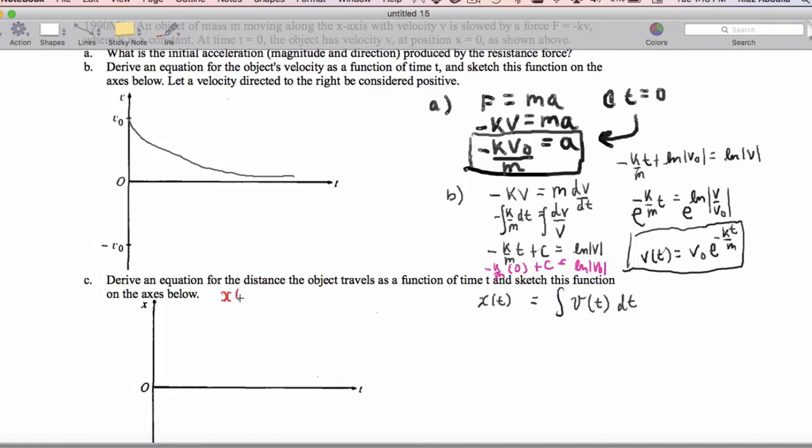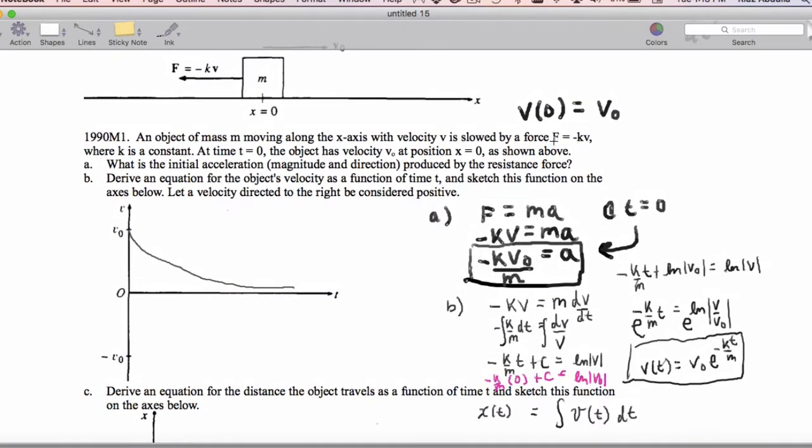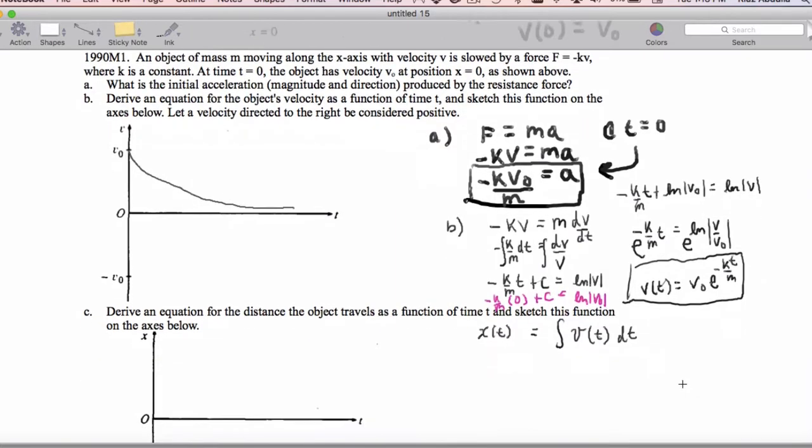Do not do the following: x equals at plus v naught, and then try to plug that in. That is not how that's going to work. That assumes uniform acceleration, so this just does not apply. And we have an initial condition, which is that at time equals 0, the position is 0.